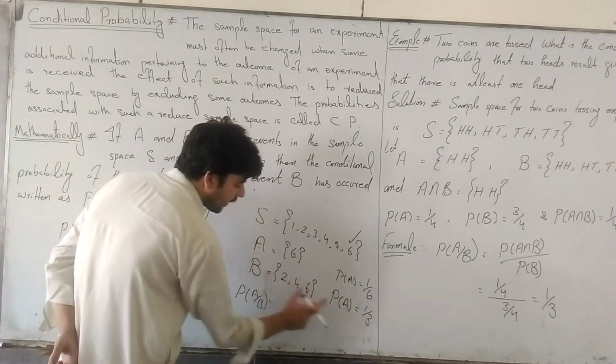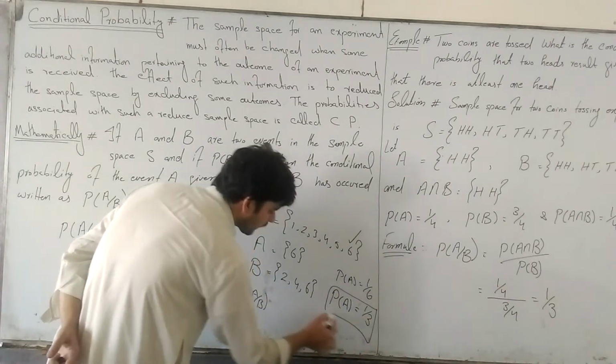So 1 divided by 3 is the probability of A.